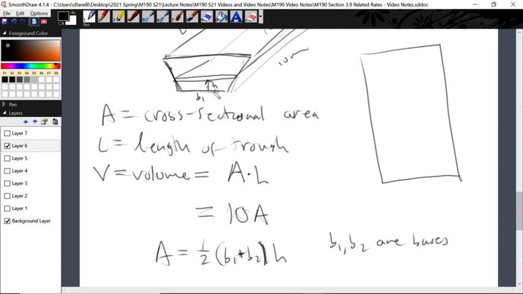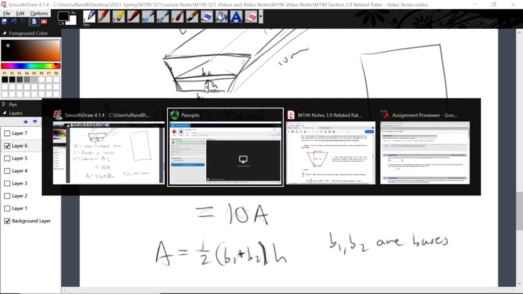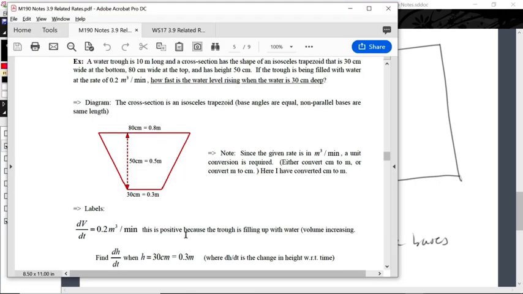That's going to be the same no matter what the height is. But notice, depending on what the height of the water is, the base up here is going to change. We're not taking the top of the trough. We're not trying to find the volume of the entire shape. We're trying to find the volume at any value of h. So we need to find the length of this base in terms of the height. Since it is varying, we have to relate them to each other. Let's dive deeper into the geometry then.